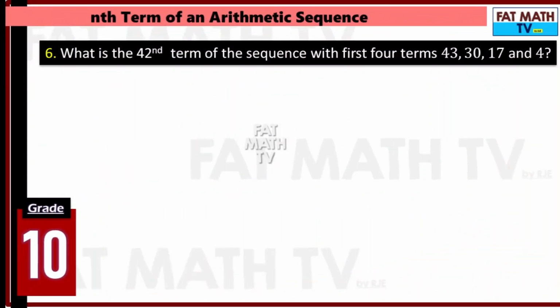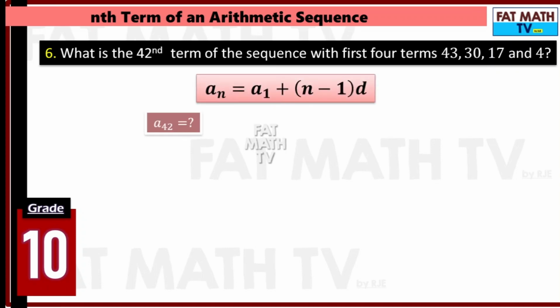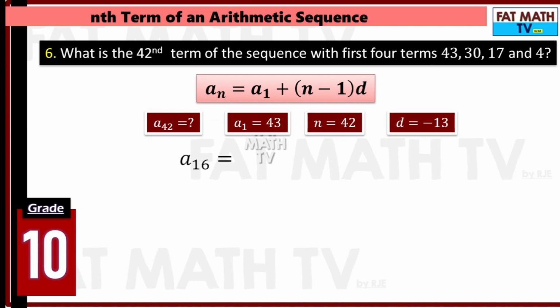Okay, same sequence, but this time what is asked is the 42nd term. So a sub 42. So n is 42.